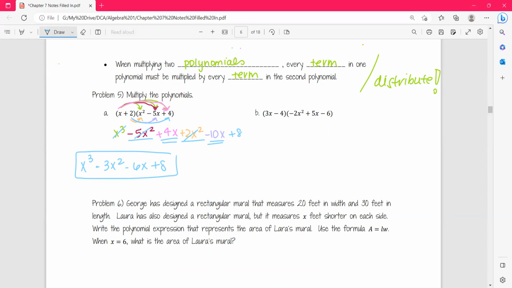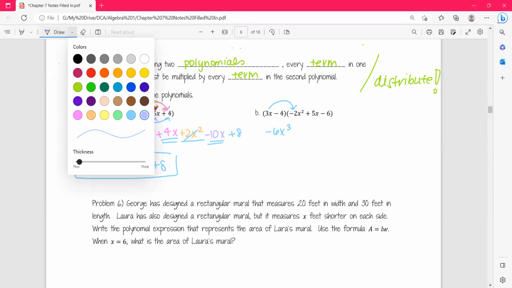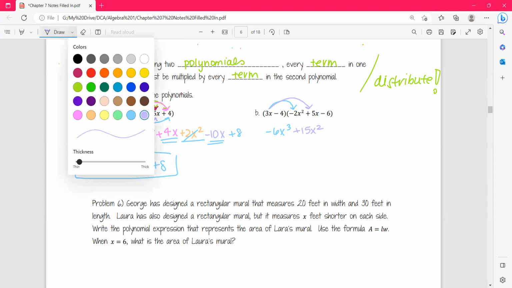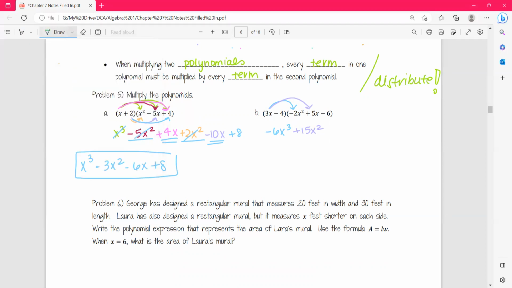Again, the same exact thing. We're going to do the first term times everything in the second polynomial. 3x times negative 2x squared is negative 6x cubed. 3x times 5x is 15x squared. 3x times negative 6 is negative 18x.